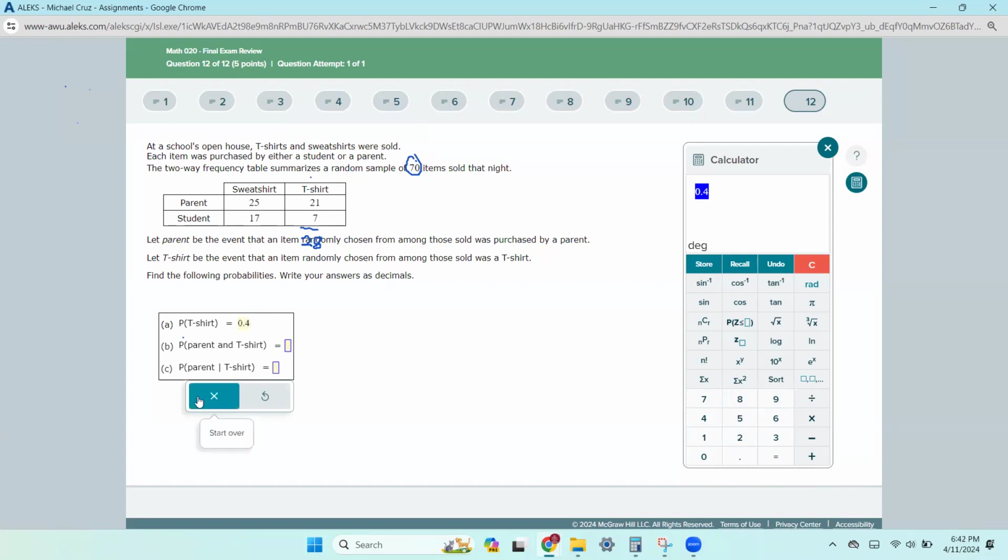Now, on this one, we're still going to use the 70 denominator, but we need to have 21, parent and t-shirt. That's the and, see, the intersection. So then that's 21 divided by 70.